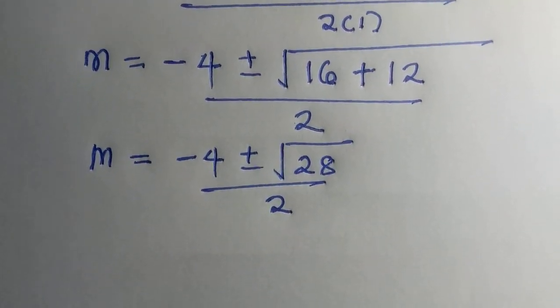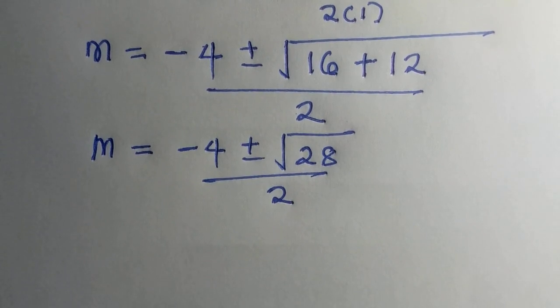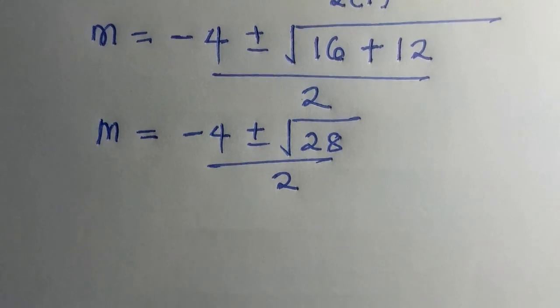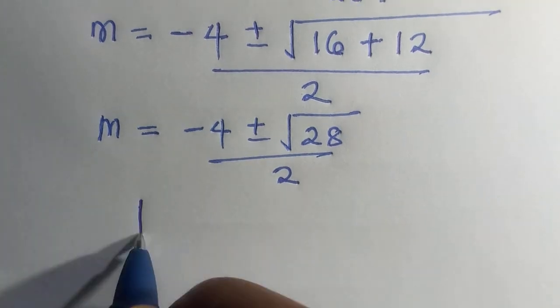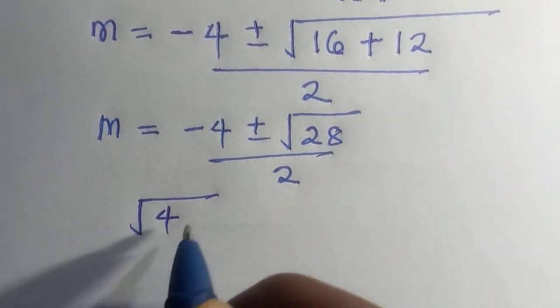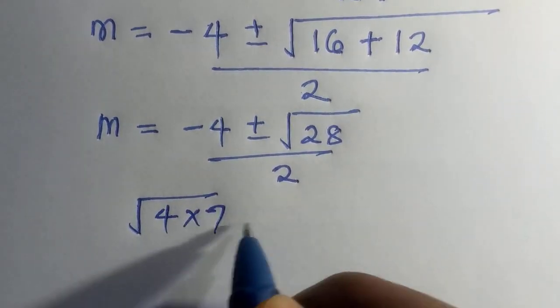But for this square root of 28, I want to leave the answer as non-decimal, so I'm going to leave it in short form. By considering the short form of 28, we have the square root of 4 multiplied by 7.